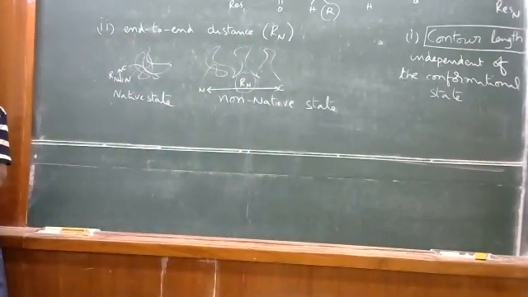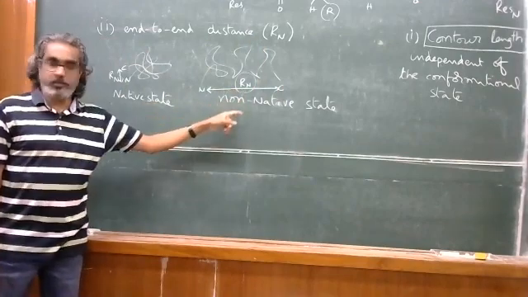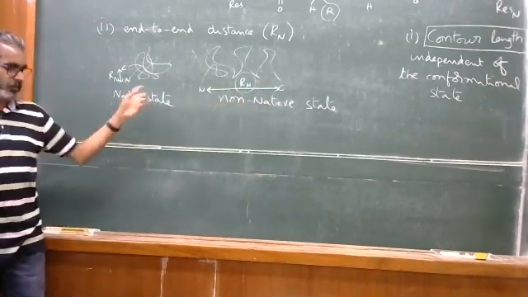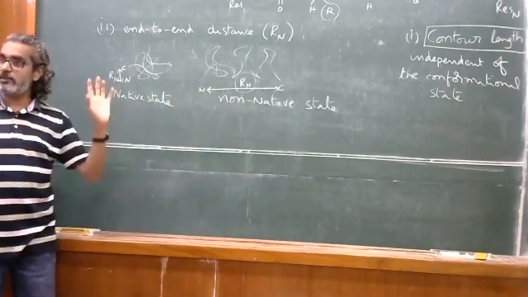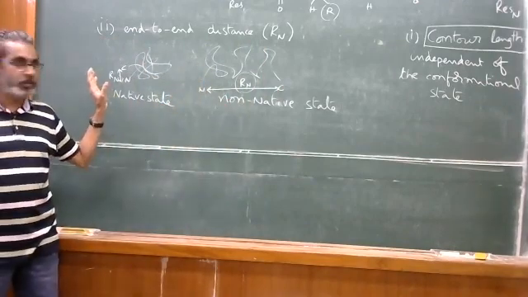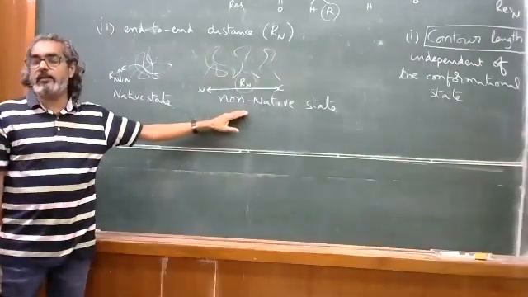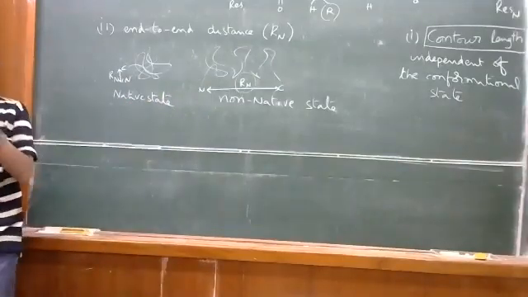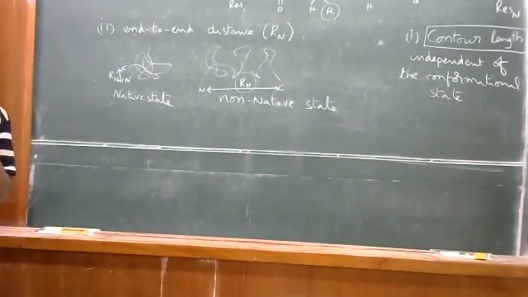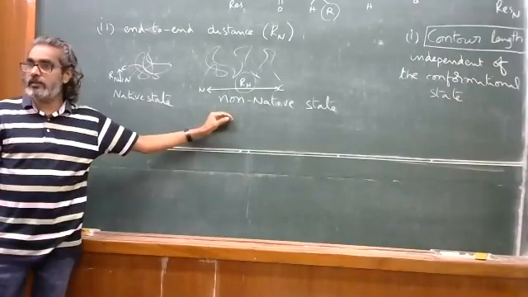So keep in mind that having the same R_n in the native and non-native states doesn't mean they have the same structure. It is only a property which tells you it's very unlikely to have the same R_n in a non-native state. So this is one simple way to know whether your molecules are in the native or the non-native state.